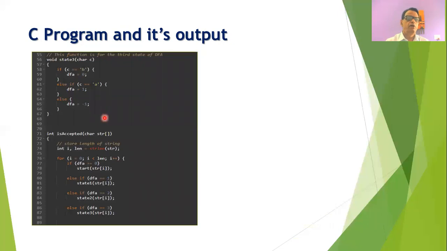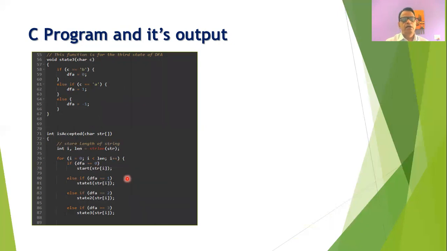Then finally, we will write the function isAccepted, where we will initially determine the length of the string, and we will set the variable I. Initially, the value of I will be equal to 0. As long as I is less than length, we will do the following statements. So initially we will check if DFA is equal to 0, then we will call the function start.